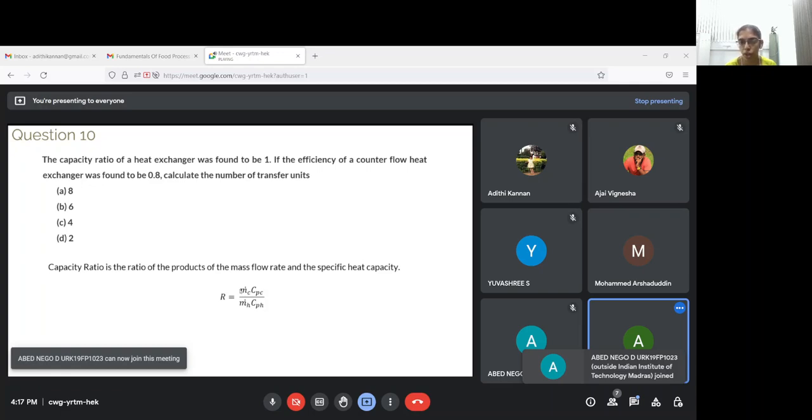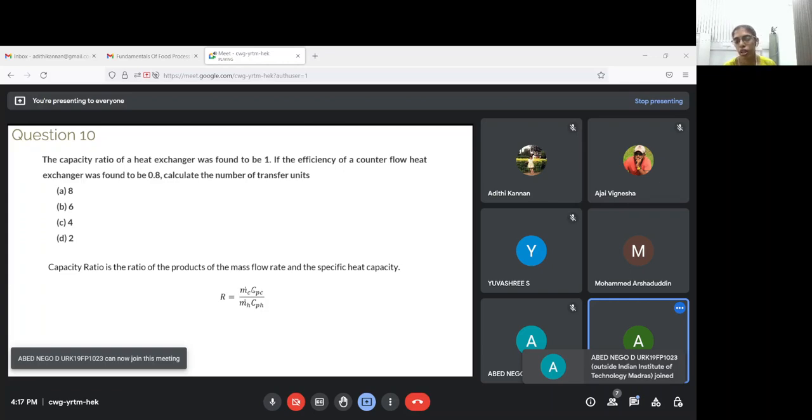So from this formula, when can you make out that R is equal to 1? When you're dealing with the same cold and hot fluid, if the nature of the cold fluid and the hot fluid is the same, let's say you're dealing with water in both the cases, your specific heat capacity will be pretty much the same.